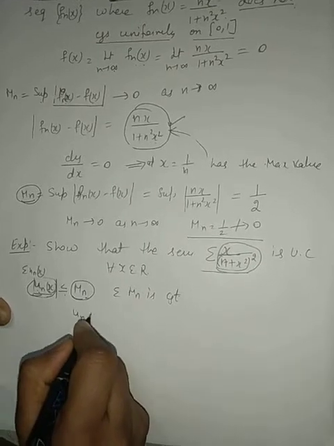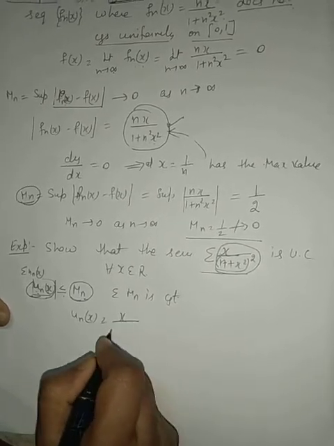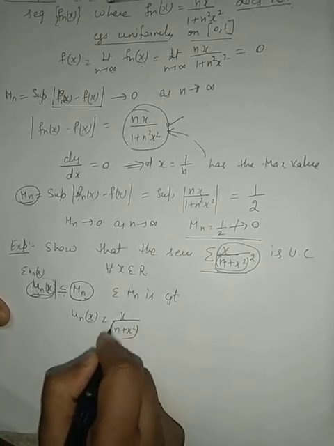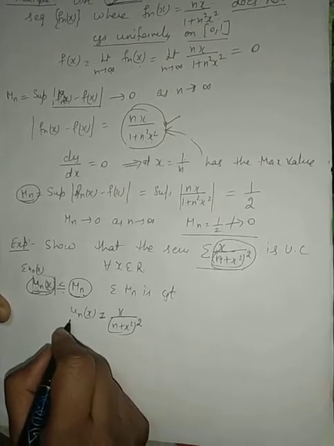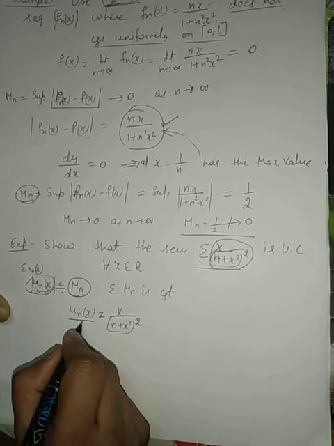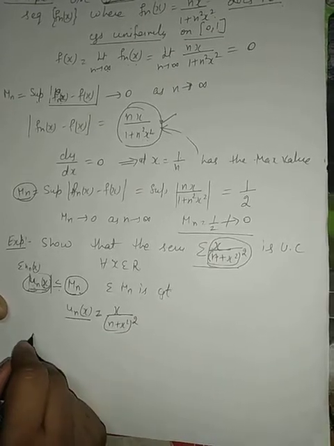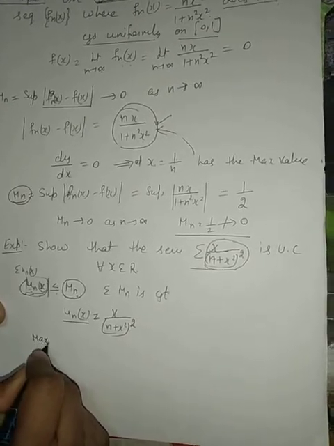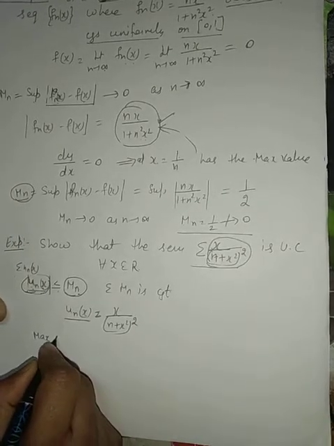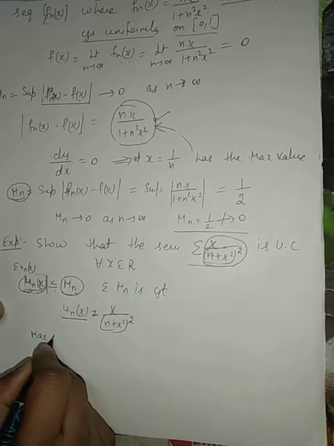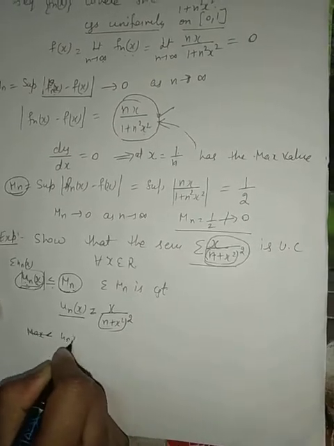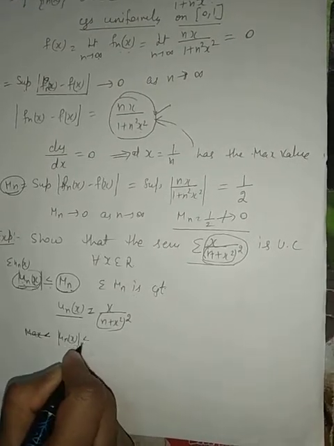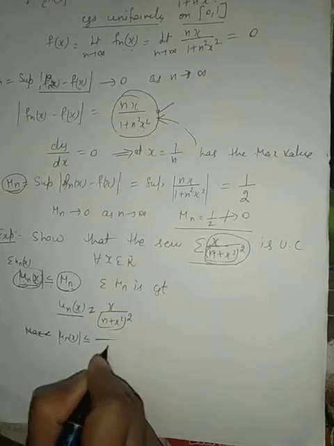So in this case un(x) is x upon (n plus x square) raised to power 2. Now we find the maximum value of the function un(x), since its maximum value is always greater than or equal to all its values.